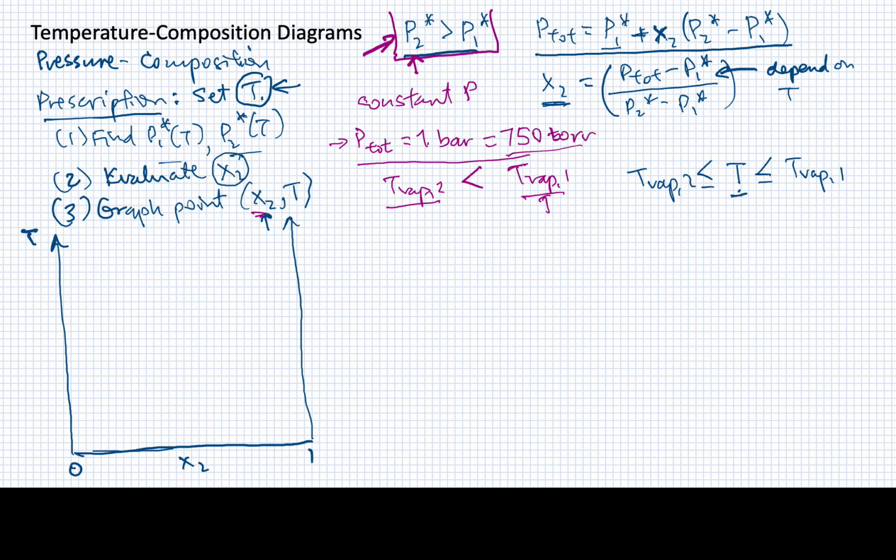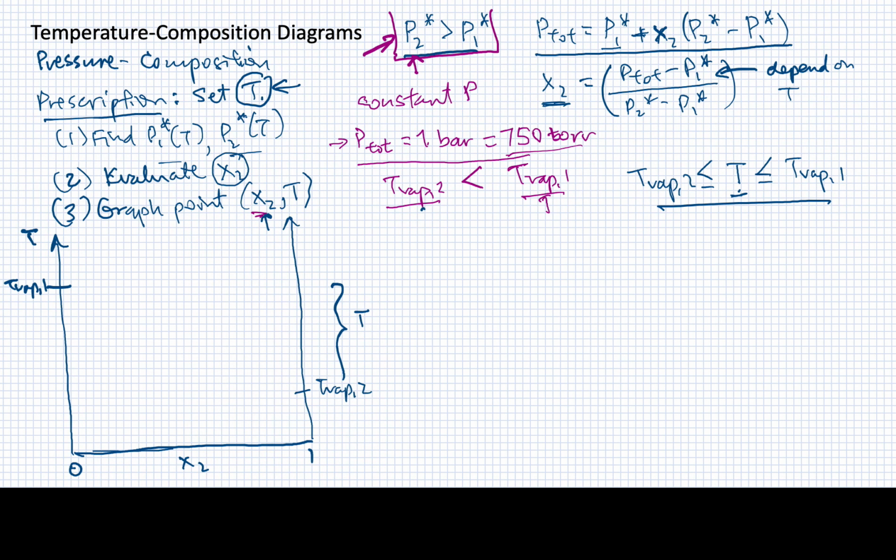And I'm going to restrict the temperature using this range of temperatures. Now, remember that I've found that T vaporization of 2 is less than that of 1, so my T vaporization of 2 might be down here, and my T vaporization of 1 might be up here. So I'm looking at temperatures that are going to lie basically in this range to examine this cross section of the phase diagram.